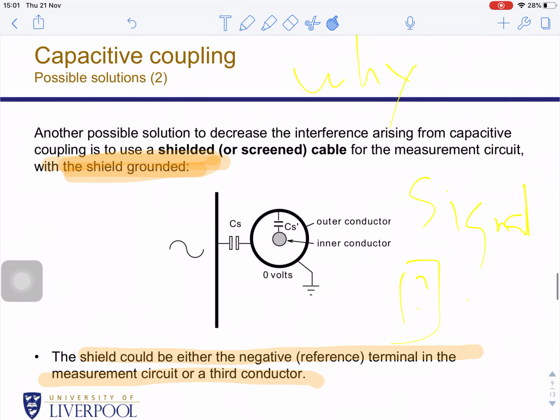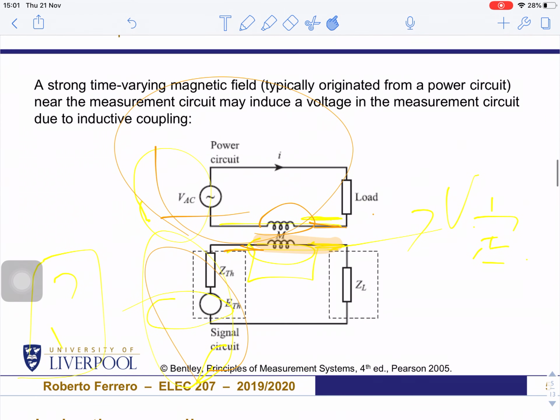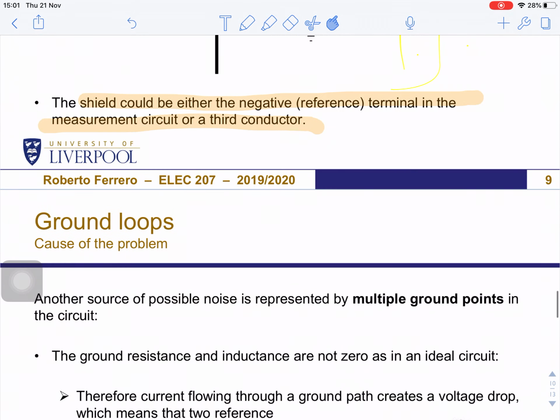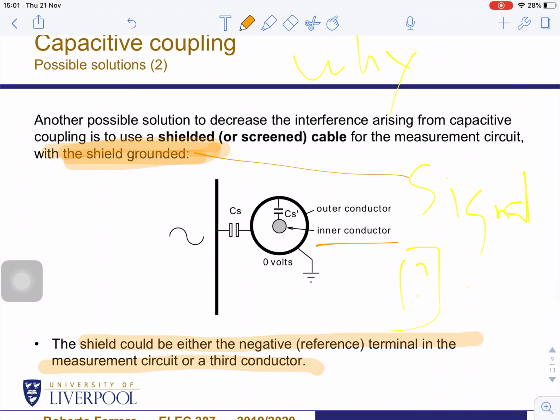Okay. And another thing is the capacitive coupling. The approach is to use a shielded cable. So the inner conductor is just this one. This is 0, and this is 0, and this is also 0.